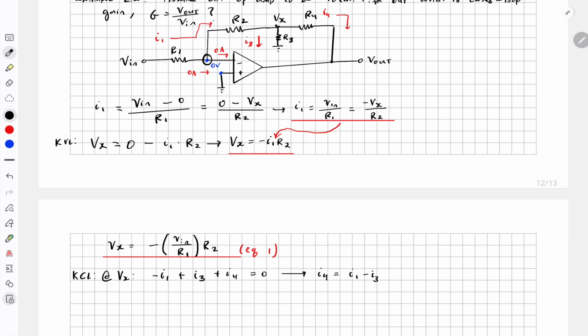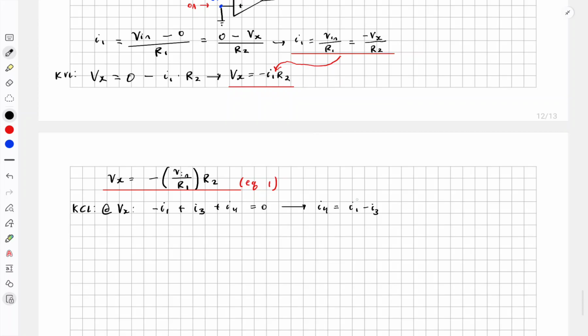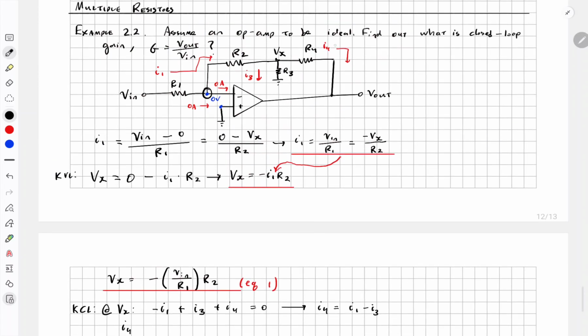So let's not solve for I1, we're solving for I4. We probably need to also solve for I3 later. Okay, let's do I4 first. So what is our I4? I4 is just Vx minus this voltage divided by this resistor, right?